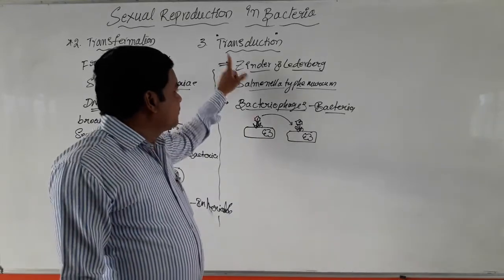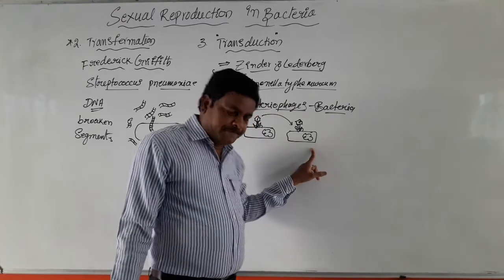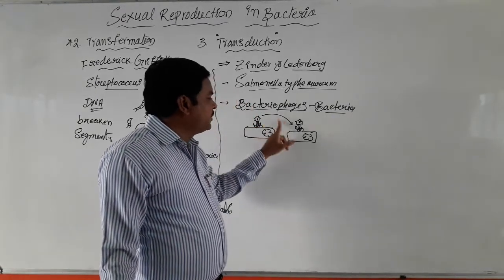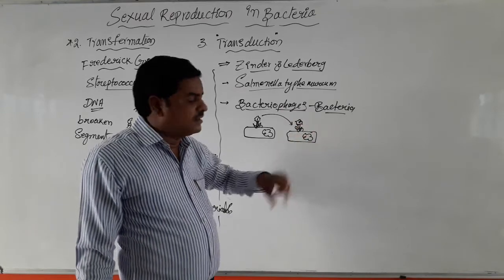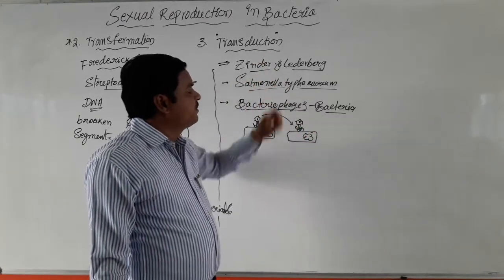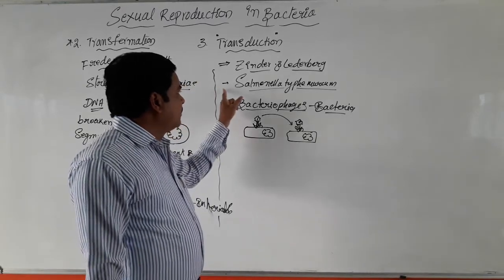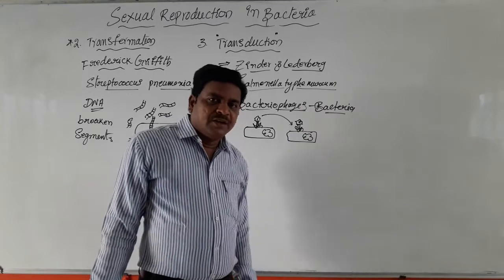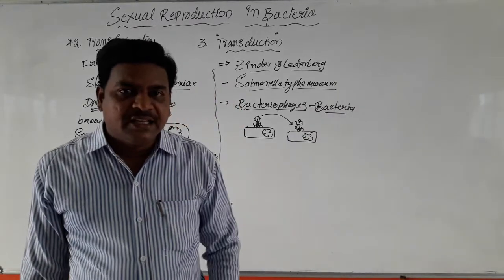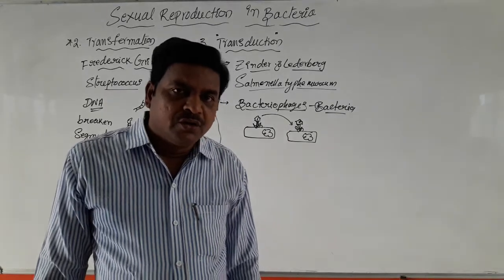Okay, so the transfer of genetic material from one bacterium to the next bacterium through bacteriophage viruses is considered as transduction. It was discovered by Zinder and Lederberg in Salmonella typhimurium. This is the transfer of genetic material from one bacterium to the next bacterium through viruses.